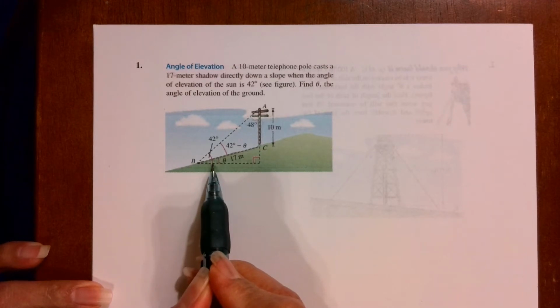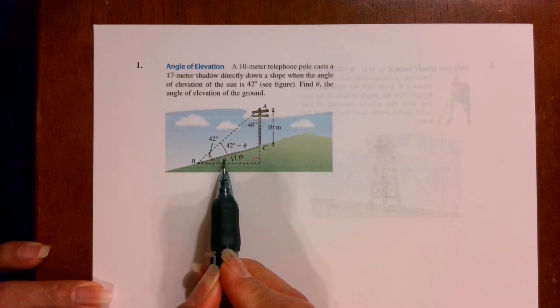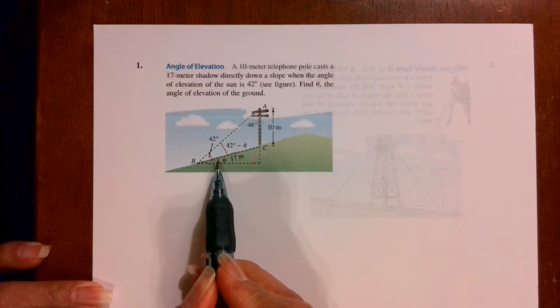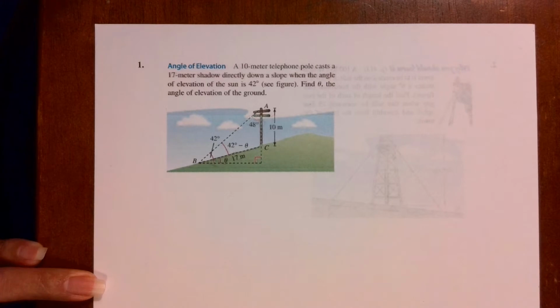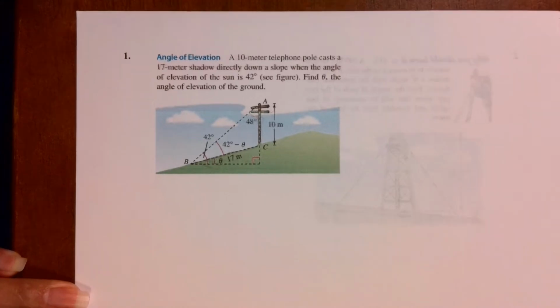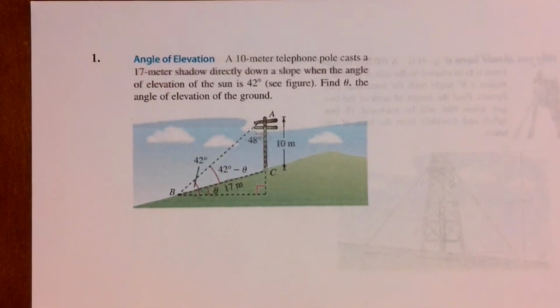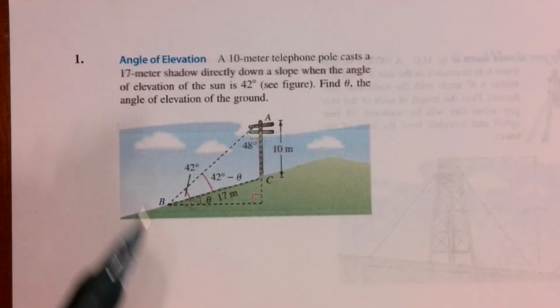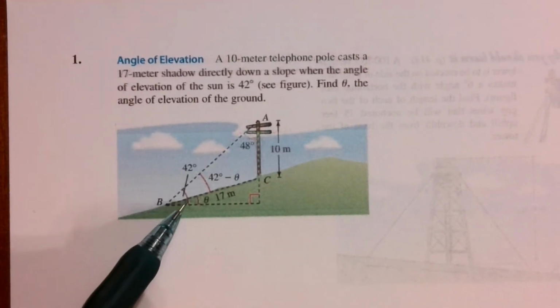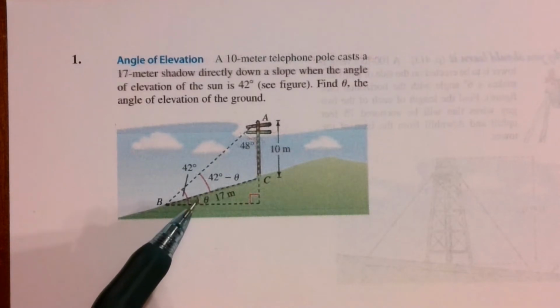Now the theta, if you notice in the picture right here, it's asking us to find this little piece right here. So I'm going to zoom in to help you visualize a little better what's going on. Notice 42 degrees is this entire angle B, but this is what we're looking for.